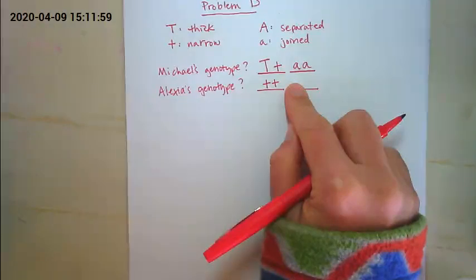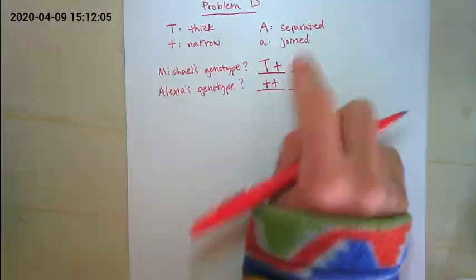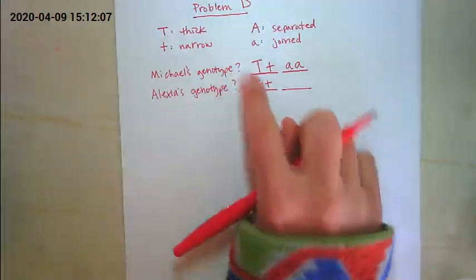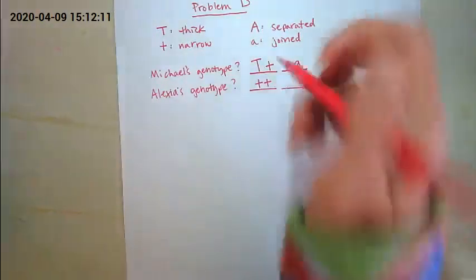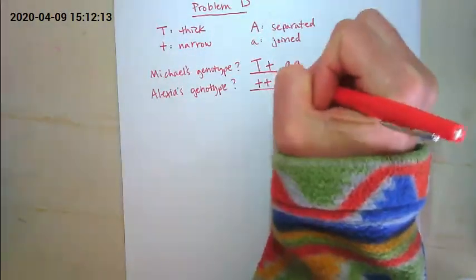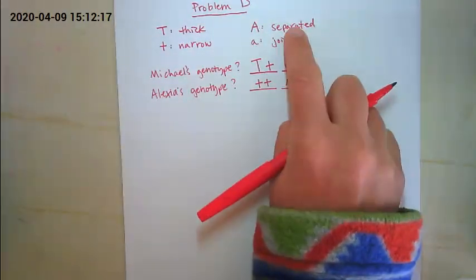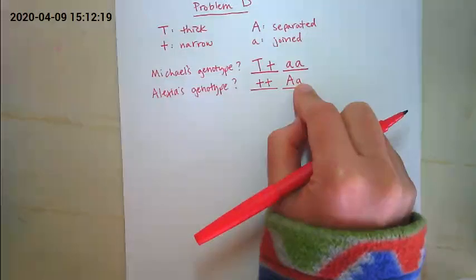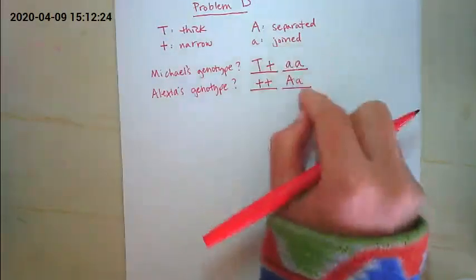And then she has separated eyebrows, but her dad had a unibrow. So just like for Michael's genotype, Alexia is going to have to be heterozygous here. She has the dominant letter, which means she has two eyebrows, but her father gave her a recessive a because he had a unibrow like her husband.